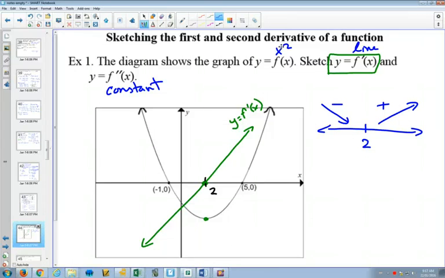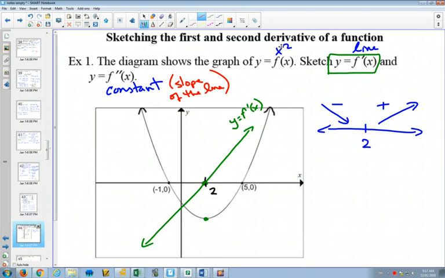And now we need to do our second derivative. And our second derivative is just going to be a constant. In fact, it's a constant, and it's going to equal whatever you deem the slope of that line to be.